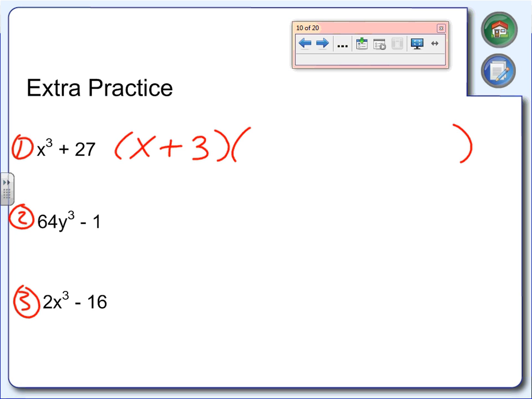Can the calculator do cube roots? Yes, yes they can. As a matter of fact, get out your calculator. I want to show you where to find it because you may need it. What I was asking you to do was to find the cube root of 27. We know calculators can do square roots, but they can also do cube roots. The question is, where do you find the cube root? Because it's not the same thing as the square root button. Here's where you're going to find the cube root, guys.